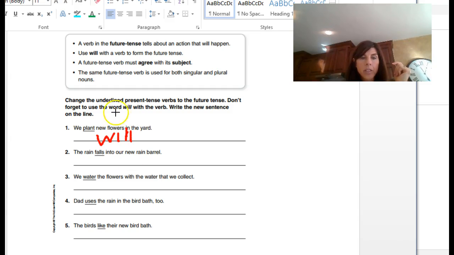So if you listen to the directions, instead of rewriting that sentence, you can go ahead and write will plant. So just write the new word or words if you need to write will. The rain falls into our new rain barrel. That's happening now, but in the future, the rain will fall. And you don't want that S on it, okay? So pay attention to that.